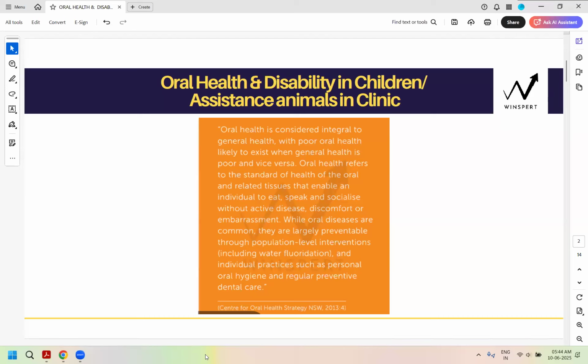So overall, all the children, whether they have disability or not, their good oral health is important for their overall systemic health. We have seen a lot of adult patients as well, a lot of cases where pregnancy is involved in women. So there also these kinds of questions get asked where oral health and systemic health are linked. In senior patients where there's cardiovascular health associated, then antibiotic prophylaxis is relevant.